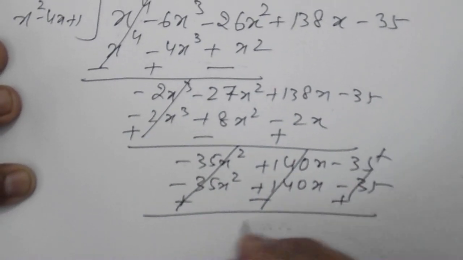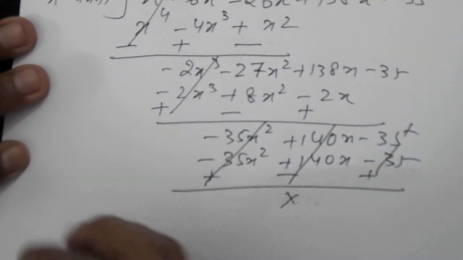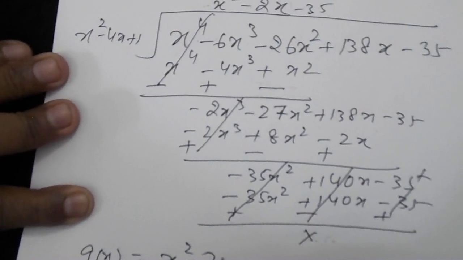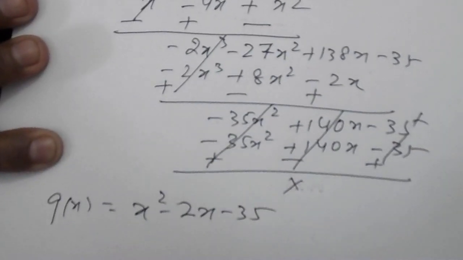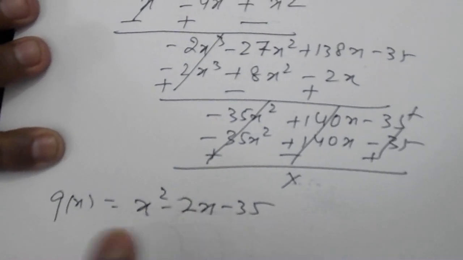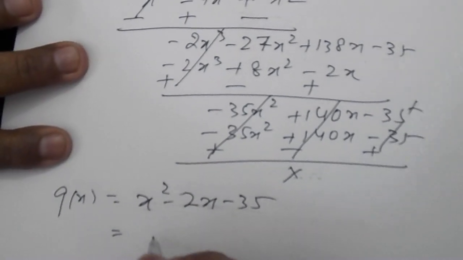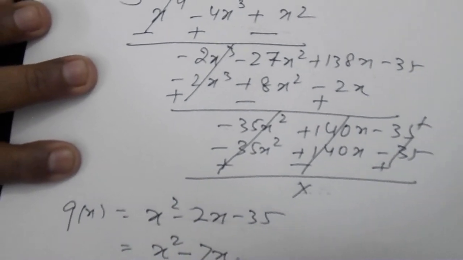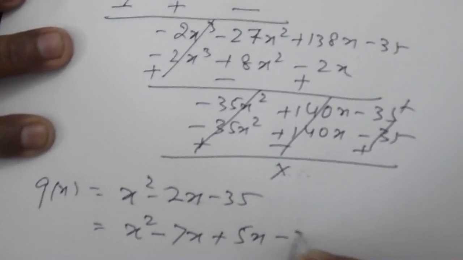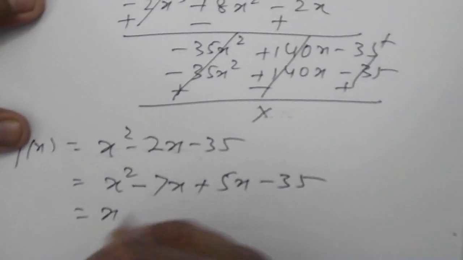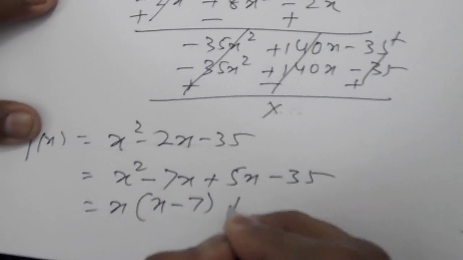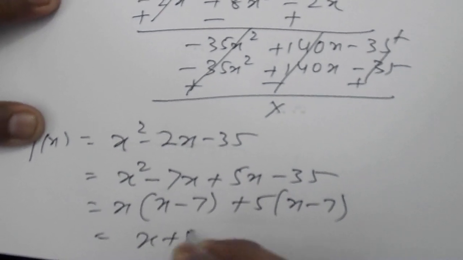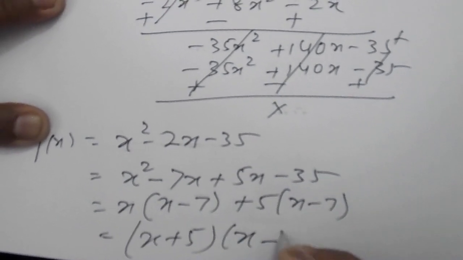So we can see all the terms are cancelled and we get the quotient as x square minus 2x minus 35. Now we divide this, we have to break up this, factorize. So we factorize as x square minus 7x plus 5x minus 35. Take x common, x minus 7, take 5 common, x minus 7. So we get x plus 5 into x minus 7.